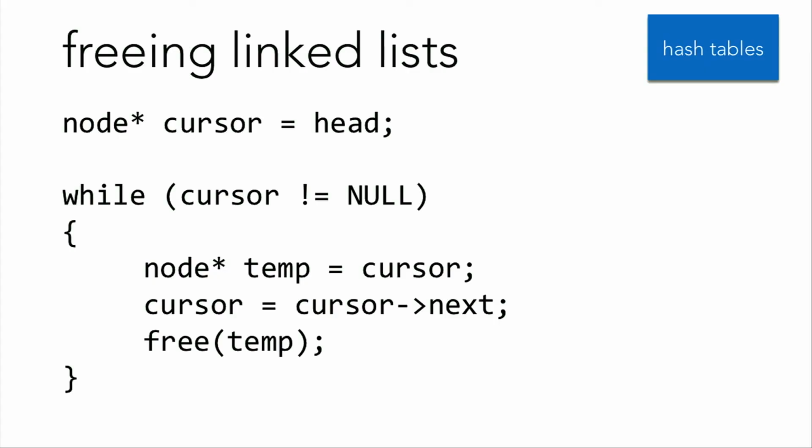So for every element in the hash table and for every node in the linked list, you'll want to free that node. How do you go about freeing a linked list? Setting your node pointer cursor to the head, to the beginning of the linked list. Then, while your cursor isn't null, you can set a temporary node pointer to your cursor. Then advance the cursor, and then you can free that temporary value while still holding on to everything afterwards.